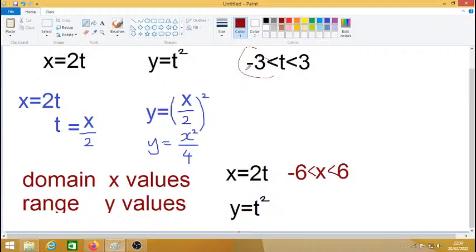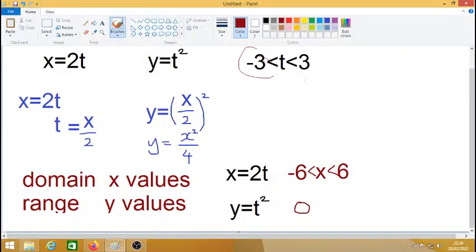So let's try the smallest y. If we put in -3, then -3, when it gets squared, turns into 9, which is quite a big number. So maybe another value can give us the smallest y possible. What about 0? If I put 0 in for the t, then 0 squared is just 0. So that looks like the smallest y value possible.